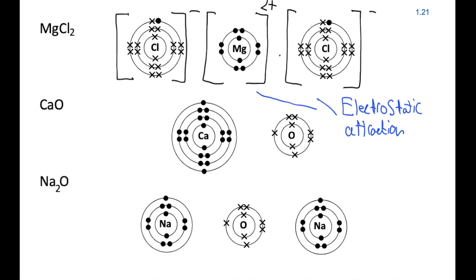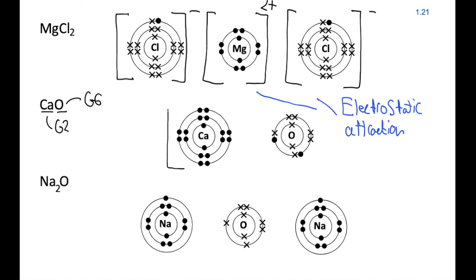The next example looks at calcium oxide. Calcium is a group 2 element and oxygen is a group 6 element. Calcium loses its 2 electrons, which are then gained by the group 6 element oxygen. So we can remove this outer shell, these arrows.